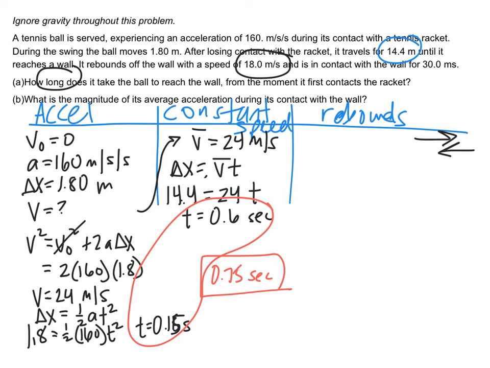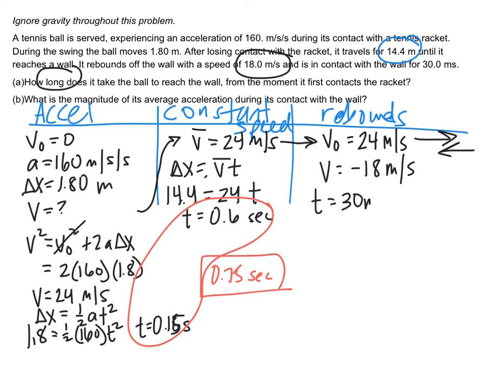Remember, this 24 will become the initial velocity for this part. Reading from the information, the final velocity I'm going to record as a negative number to indicate that it changed directions. And it took a time of 30 milliseconds to do this.